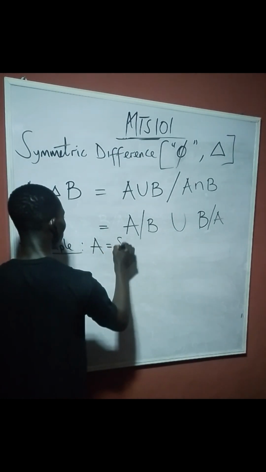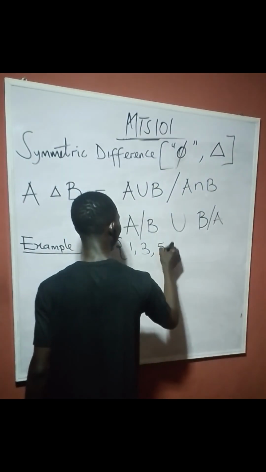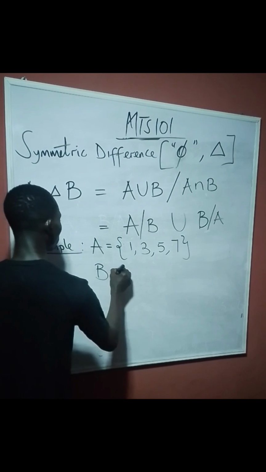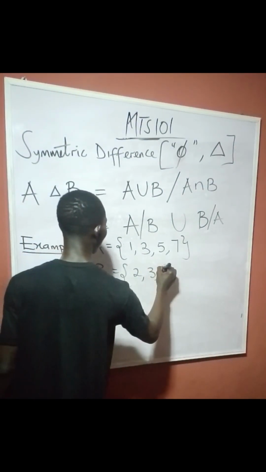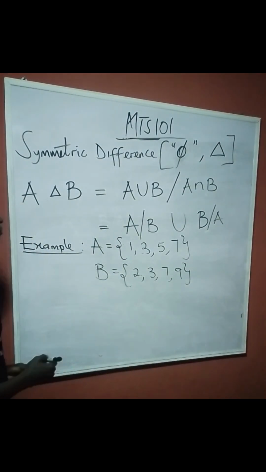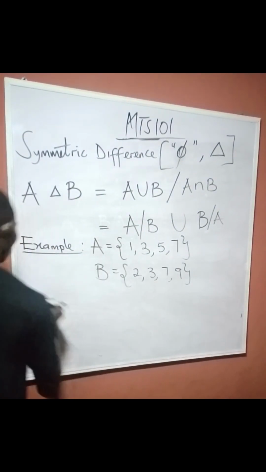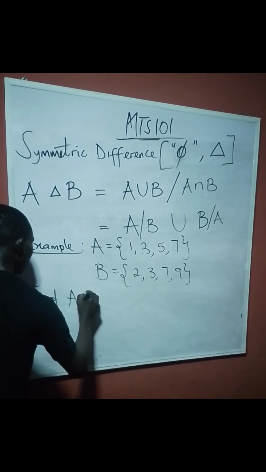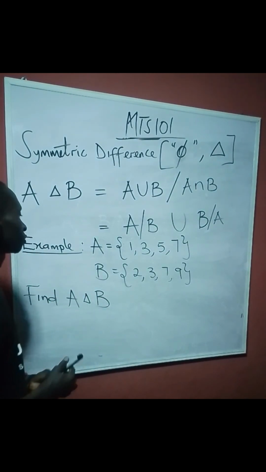Given that A is 1, 3, 5, and 7, and you have B to be 2, 3, 7, 9. Now, let's start with the first one. The question has said find A symmetric difference B.